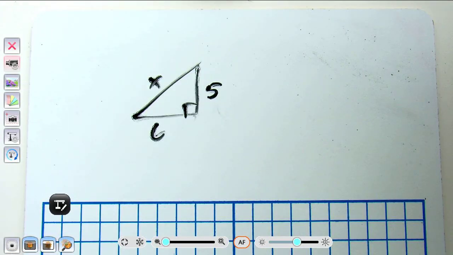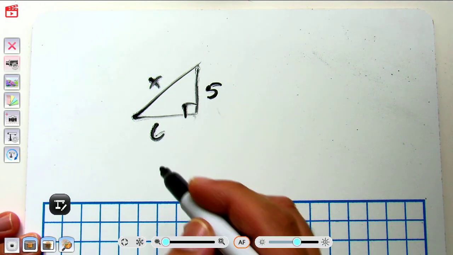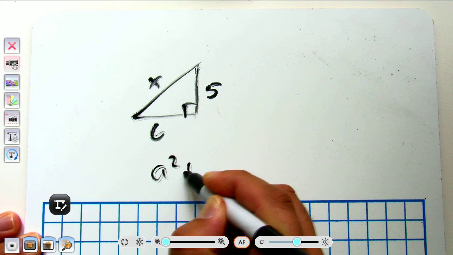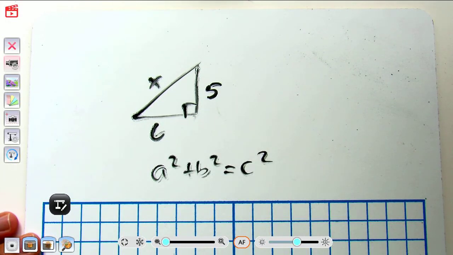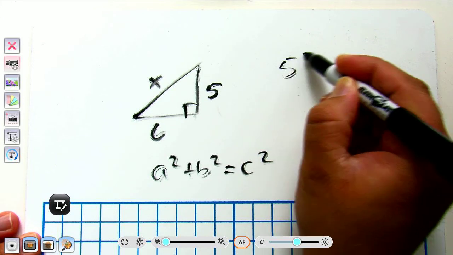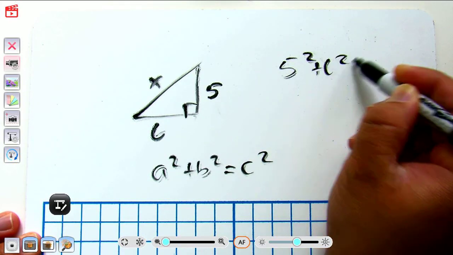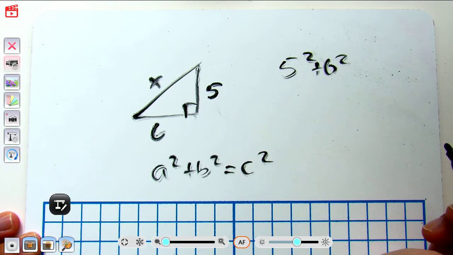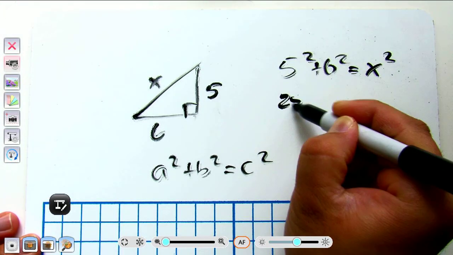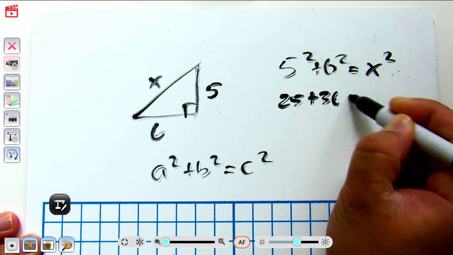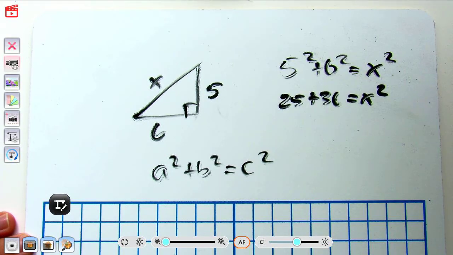I could use the formula, a squared plus b squared equals c squared, and I would have 5 squared plus 6 squared is equal to x squared. 5 squared is 25, 6 squared is 36, and that's equal to x squared. 25 plus 36 is 61.